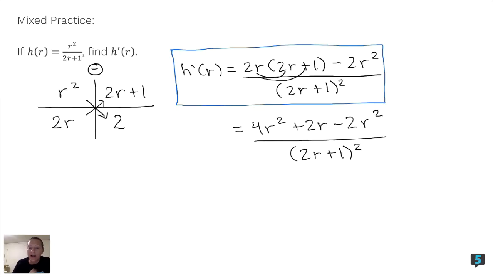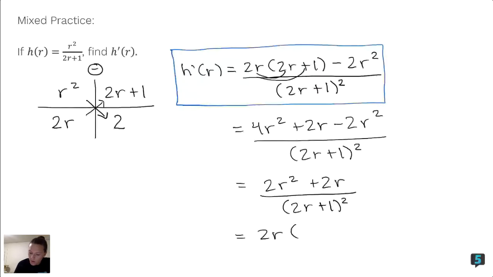That 4r squared minus 2r squared in the numerator would give me a 2r squared, and I still have the plus 2r over that quantity 2r plus 1 squared. If we check out that numerator now, we actually have a common factor of 2r. If we factor that out, we'd be left with what? R plus 1 over 2r plus 1 quantity squared.